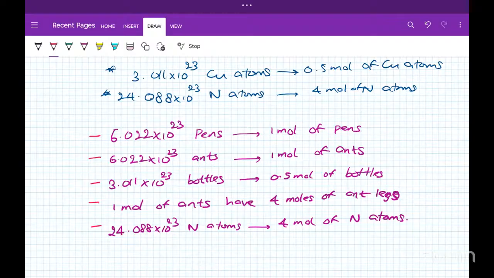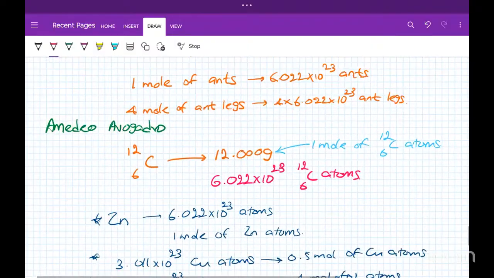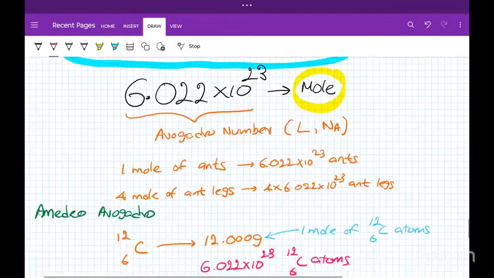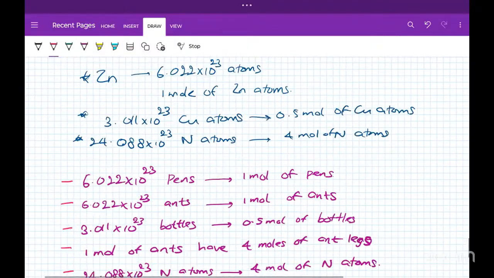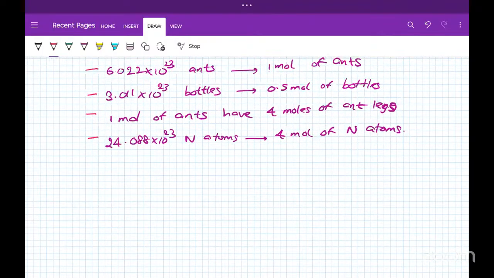Yes, right. Then in the next line, write down 6.022 × 10^23 equals 1 mole.